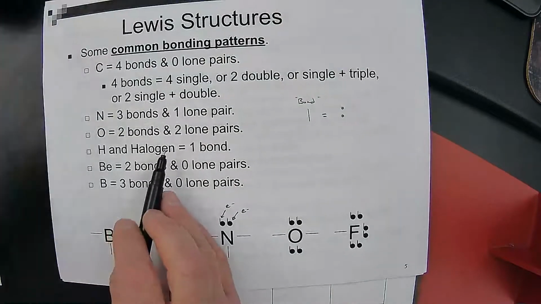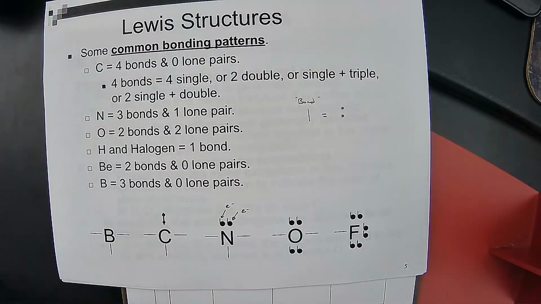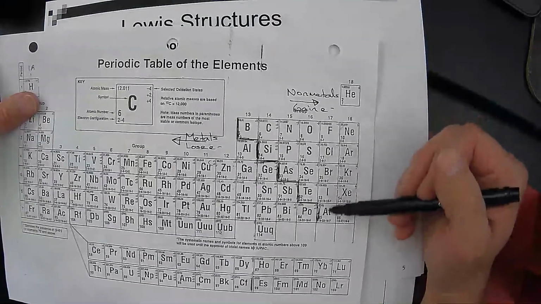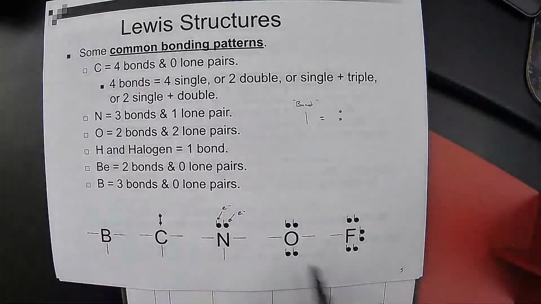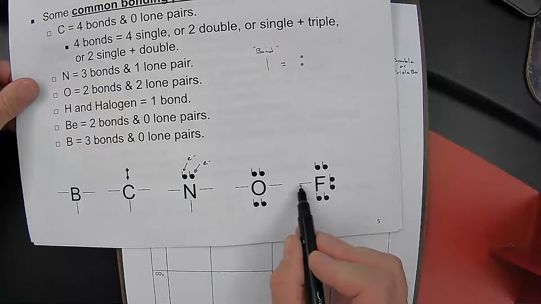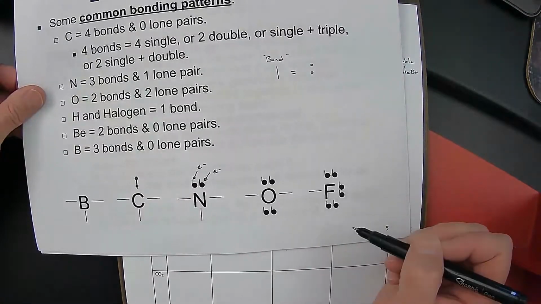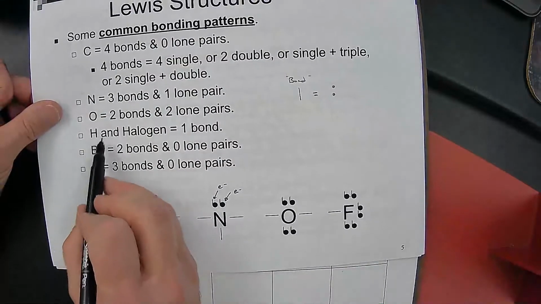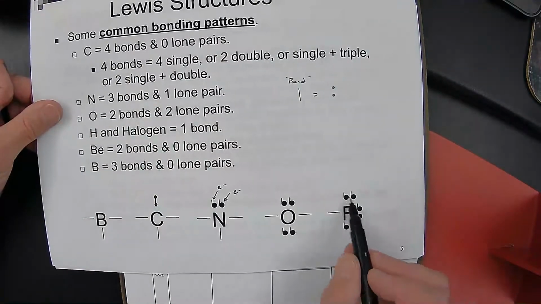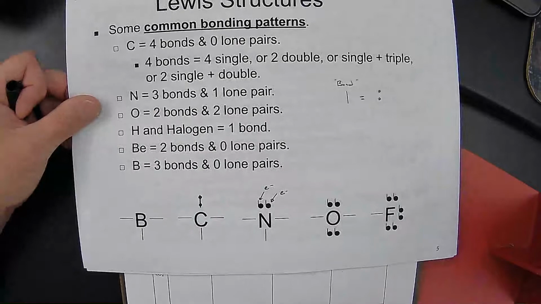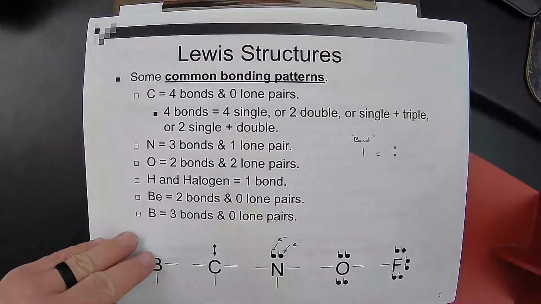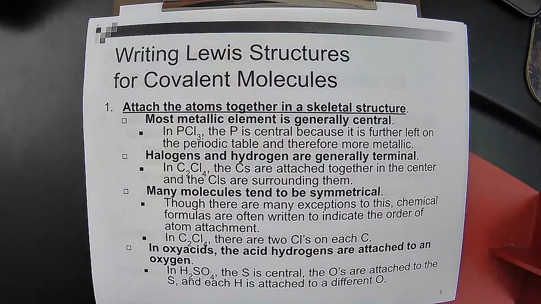Hydrogen and the halogens, remember the halogens are everybody in column 7A. So column 7A, what they like to do is make one bond and then have three lone pairs. If it's hydrogen, it only has two valence electrons, so there's not going to be any lone pairs. And then we'll look at Be and B shortly.